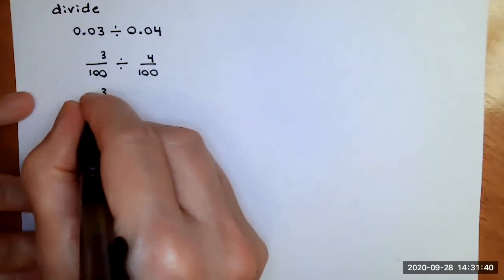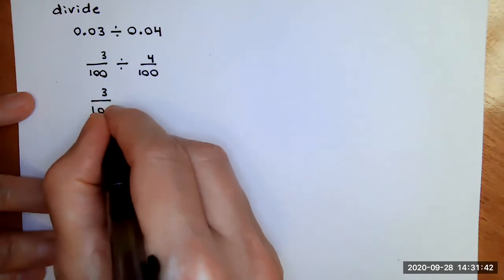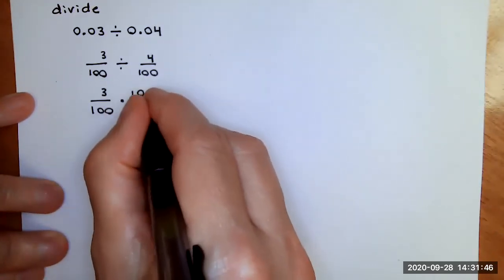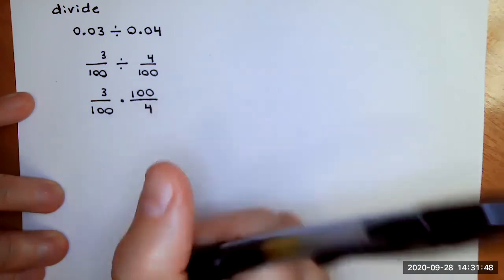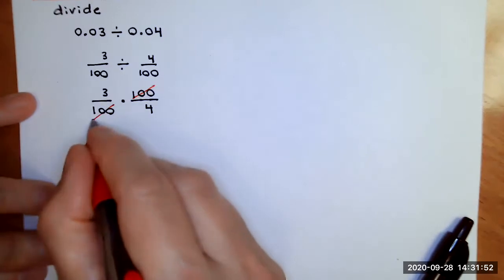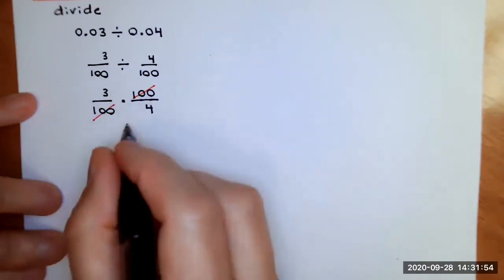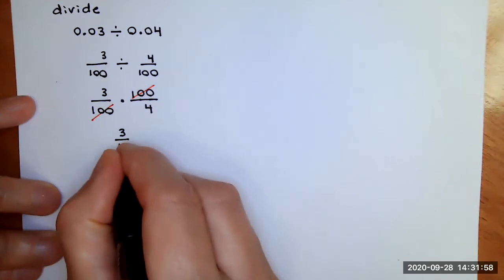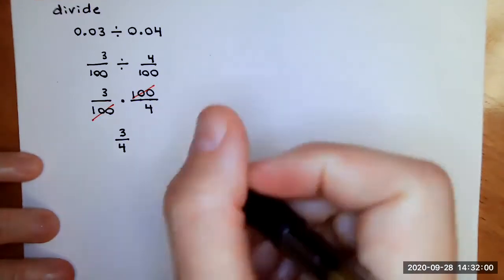And remember that when you divide by a fraction, you multiply by the reciprocal. Well, 100 over 100 is equal to 1. So that's the same as 3 over 4.